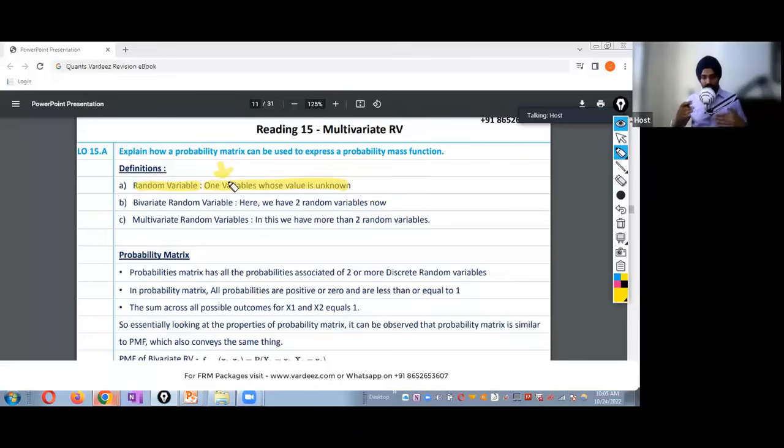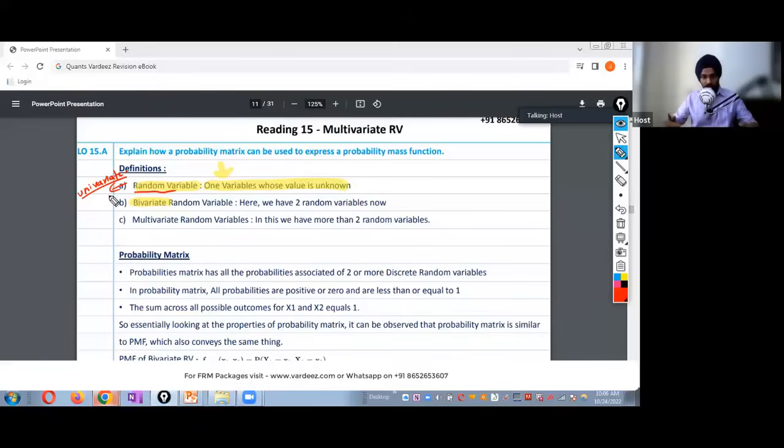But what if I have two random variables? I call them a bivariate random variable. And if I want to call a single random variable, in statistical terms, I say it's univariate.